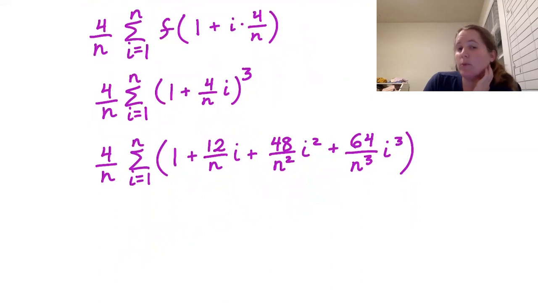That's just multiplying out 1 plus 4 over n i times 1 plus 4 over n i times 1 plus 4 over n i.